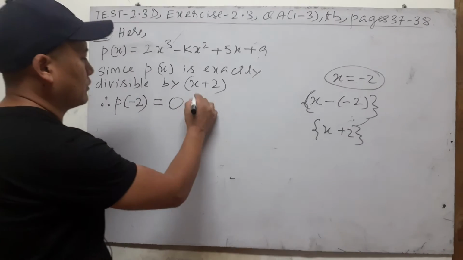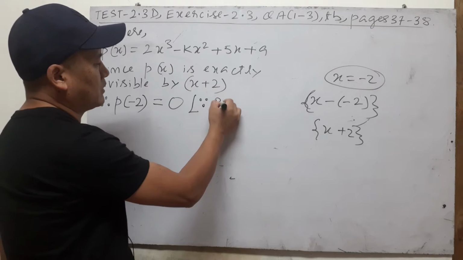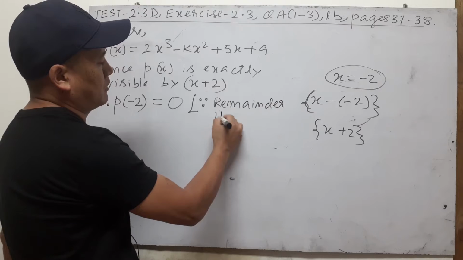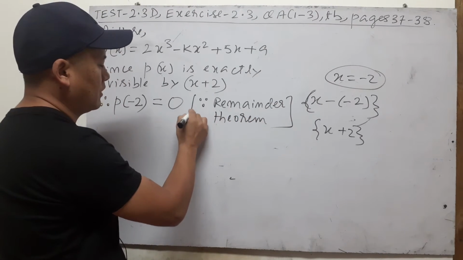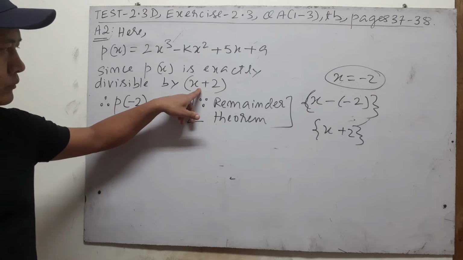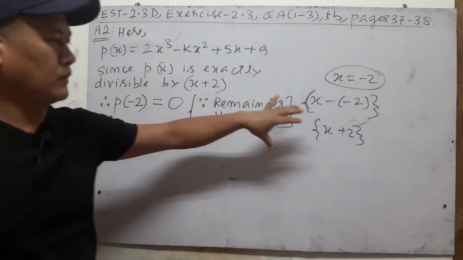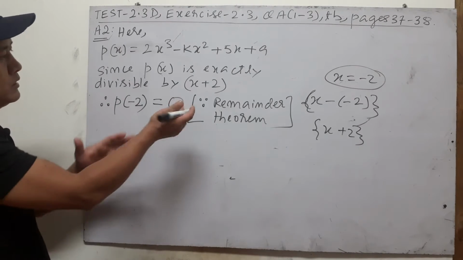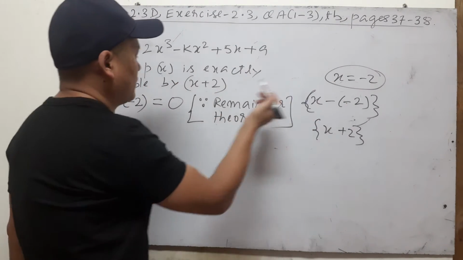Okay, why? Because we know this by the remainder theorem. When it is exactly divisible, meaning the remainder is 0, then the divisor shows one of the roots or zeros of the polynomial. The divisor has plus 2, so its zero would be the opposite sign, so I put minus here.